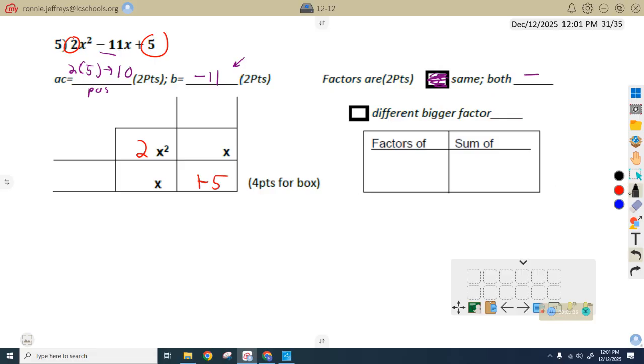Now, what goes in the middle, what are the factors of 10 that combine to give you negative 11? Well, it's not 2 and 5. They're going to be 10 and 1, and they're both going to be negative. So it doesn't matter where it goes. The 1 could go here, the 10 could go there. It doesn't matter. And that's all you have to do on this one. You don't have to factor it out.